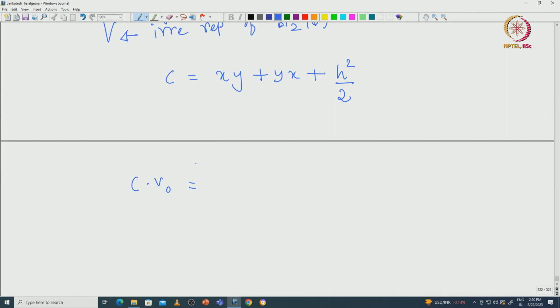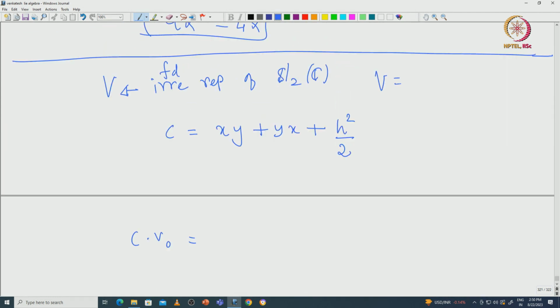So recall what is that V naught. V is nothing but the span of V naught, V1, etc., Vr, okay, if this is equal to V of r.